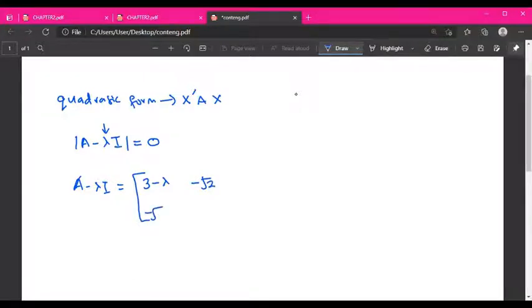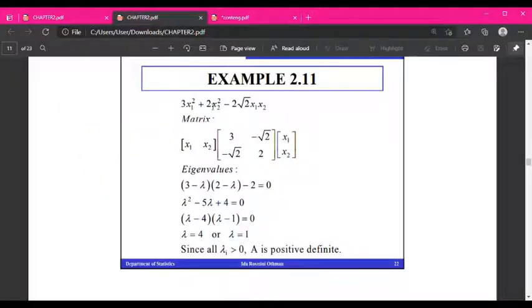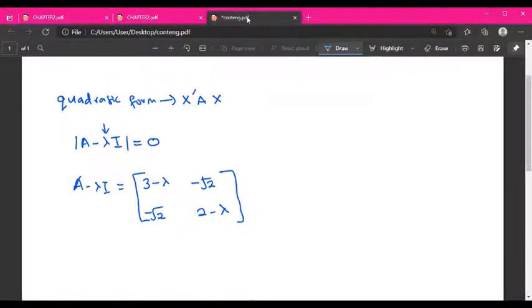Negative square root of 2 minus 0, and then 2 minus lambda. Okay, and then find the determinant of this matrix. So sebab itulah you akan dapat this one. Okay, 3 minus lambda multiply, okay, these two multiply, right, minus dengan multiplication of these two pula.